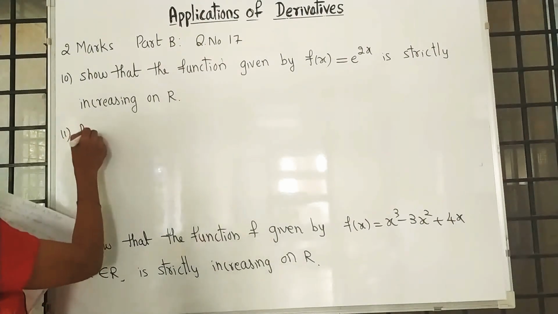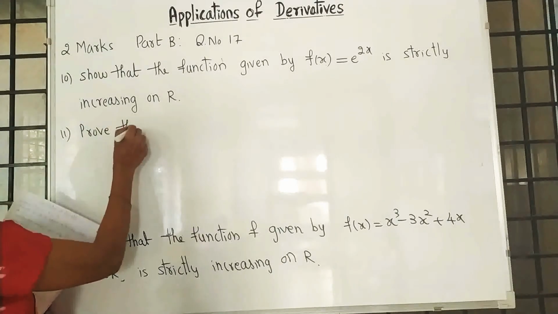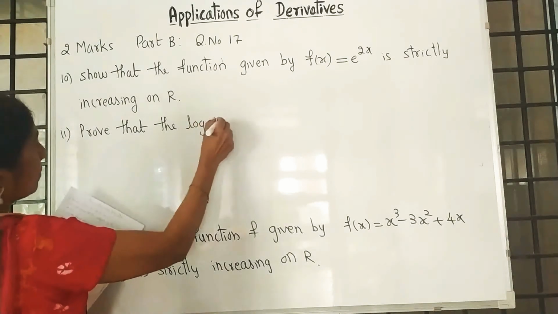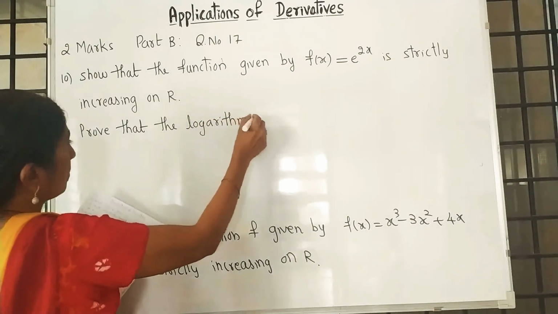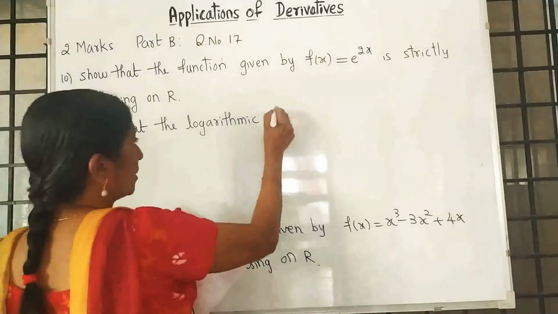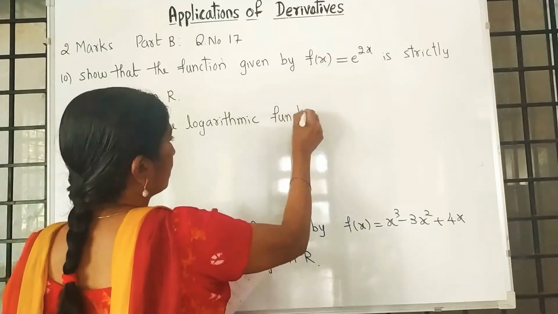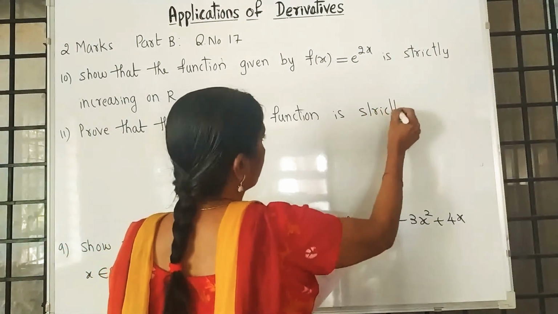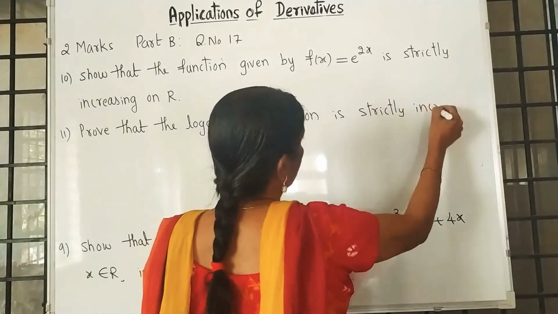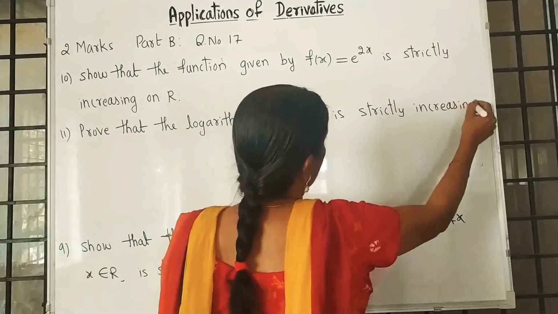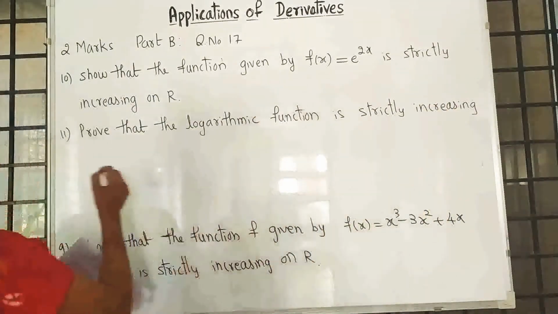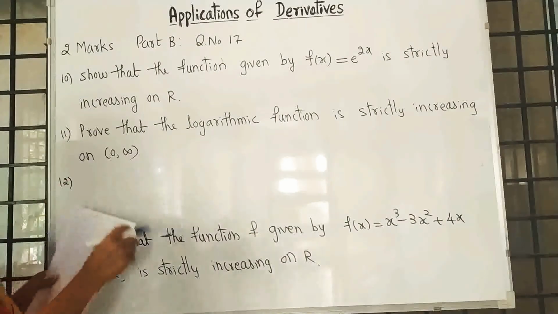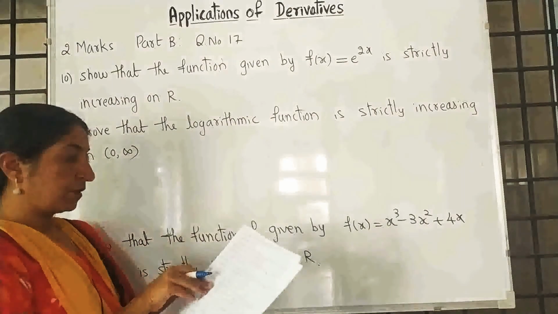Prove that the logarithmic function is strictly increasing on 0 to infinity.